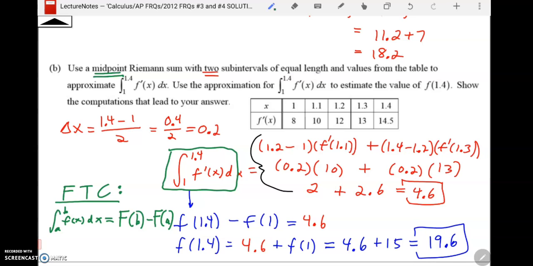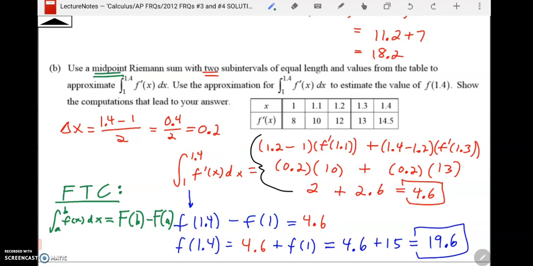It's f. So when you integrate f prime from 1 to 1.4, you get f of 1.4 minus f of 1, and that equals the area under the curve, the area that we just found. It equals the definite integral from 1 to 1.4.